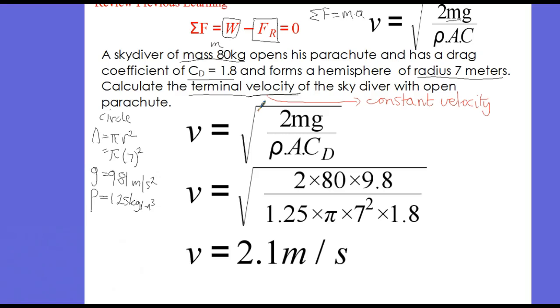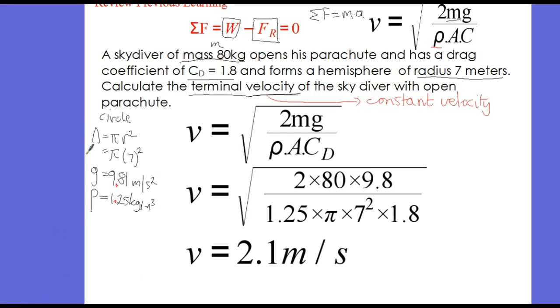No, because this terminal velocity is what's achievable on Earth, and it requires the Earth parameters. That is, the gravitational field strength for Earth, which is 9.81, and the density of the atmosphere for Earth, which is 1.25 kilograms per cubic meter.